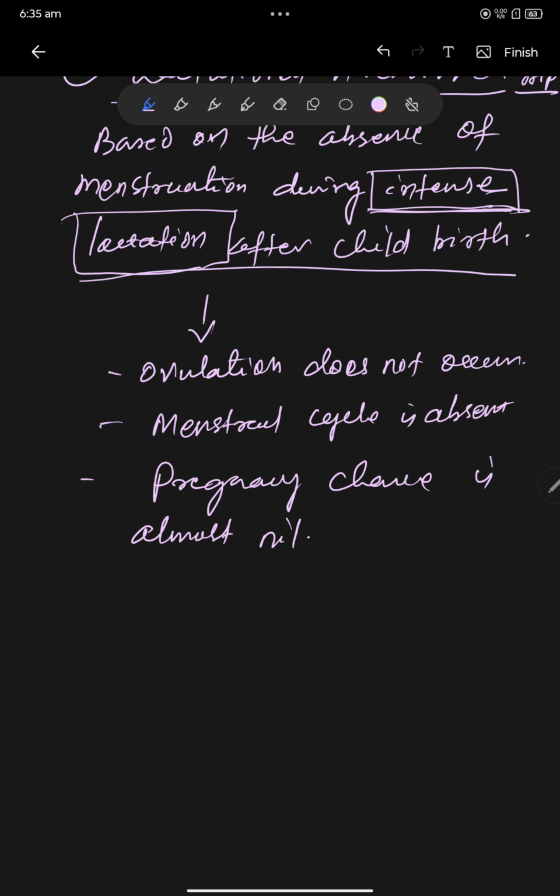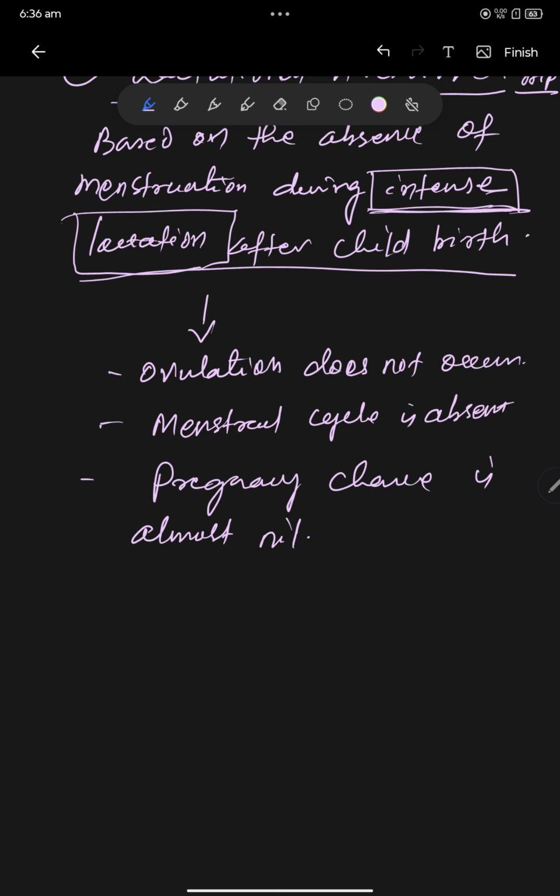Why almost nil? Because even if the mother is lactating intensely, ovulation may take place, the menstrual cycle may start, and that may lead to pregnancy. So the chance of failure is there.